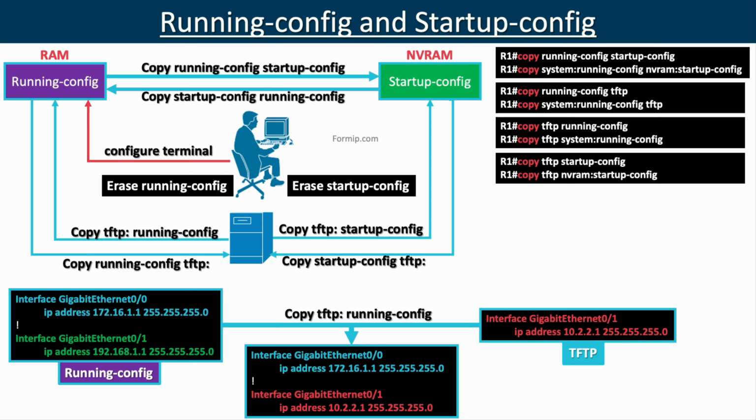When a configuration is copied to RAM from any source, the configuration merges rather than overwriting it. The new settings are added and the changes replace the old settings. The commands that did not exist in the TFTP and were in the running config remain unchanged. You have to think of this copy as a merge of configurations, or it's simply as if you were typing the commands one by one.